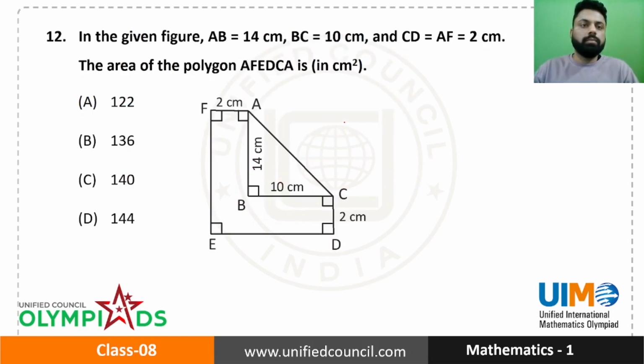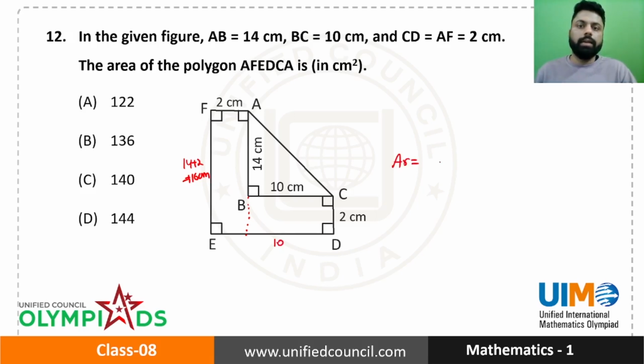D option. In the given figure, AB is 14, BC is given, CD, AF are also given. Select the area of the polygon. So see, if you just join it like this, this will become 14 plus 2, that is 16 centimeter. This will become 10, this is 2.